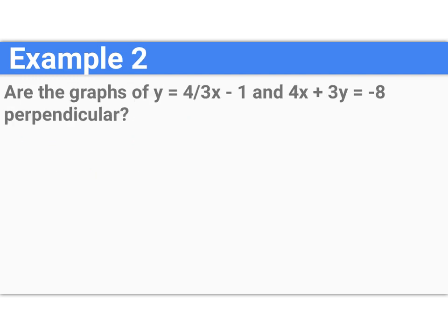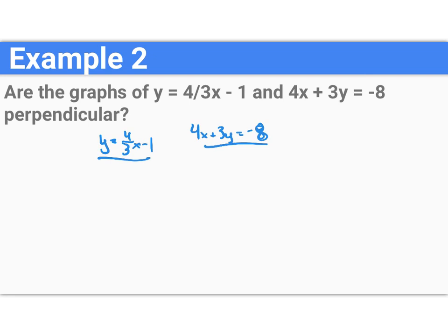Are the graphs of these lines perpendicular? We have y equals 4/3 x minus 1, and then 4x plus 3y equals -8. These lines cannot be compared because the one on the left is in slope-intercept form and the one on the right is in standard form.